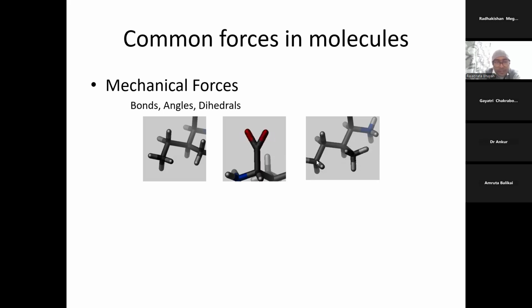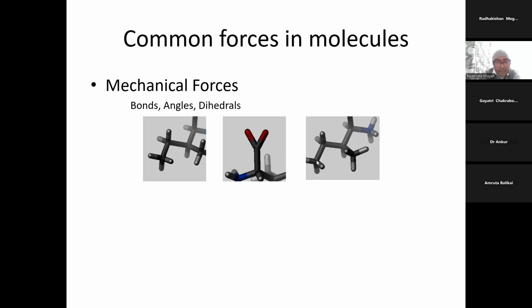In case of proteins, the covalent bonds are basically the peptide bonds, and the other bonds present in the side chain atoms, and also between C alpha and C atoms, and C and oxygen atoms. These are the covalent bonds. And angles means the angles formed between two different bonds sharing a common point, that is an atom.